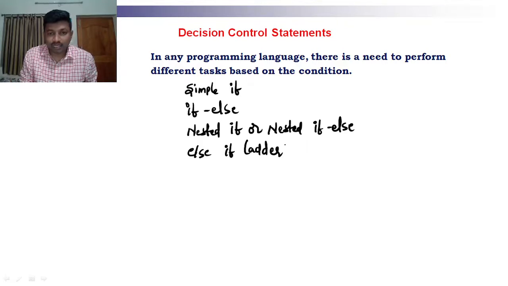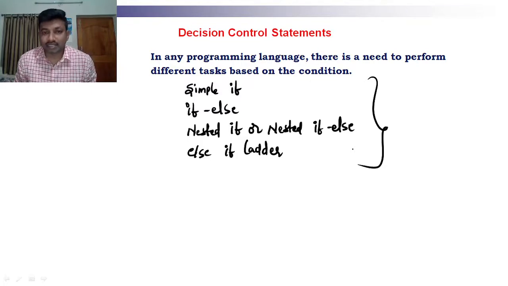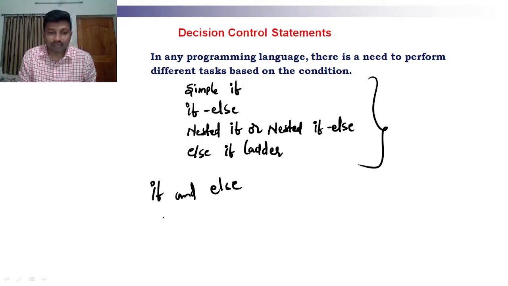Today I would like to talk about these with some real-time examples so that you can understand the working principle of all these four categories, and you may write the programs on your own using these constructs. Basically these statements use two keywords in C language, if and else.